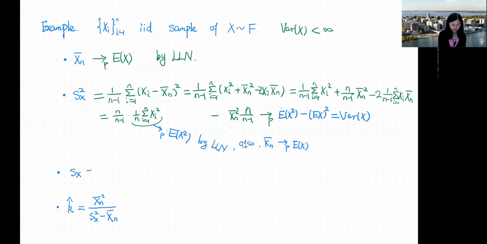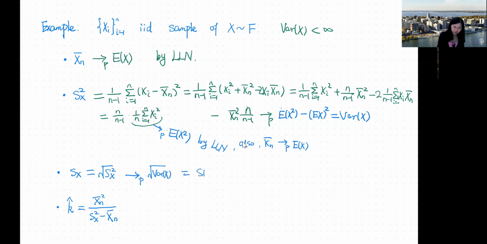And Sx equals the square root of Sx squared. And the square root function is continuous. Therefore, by Slutsky's theorem, that converges in probability to the square root of the probability limit of Sx squared, which is the variance of x.